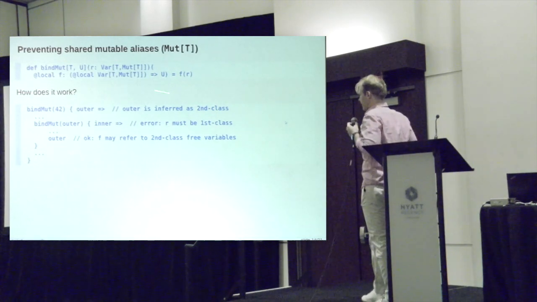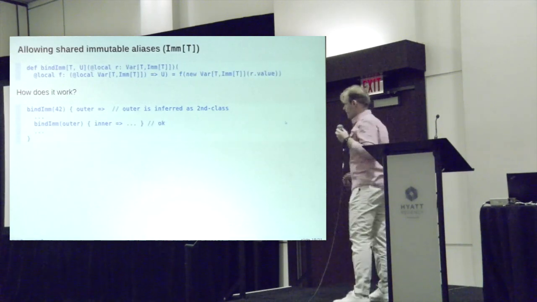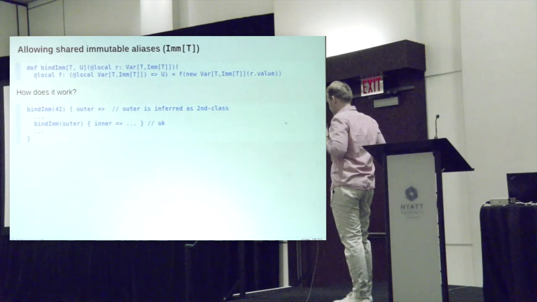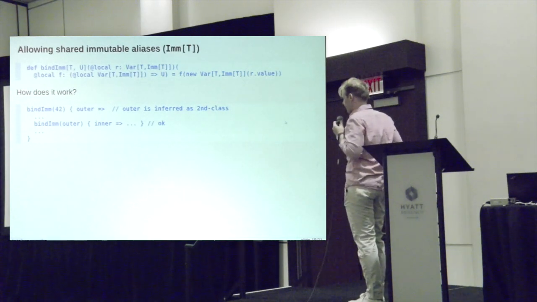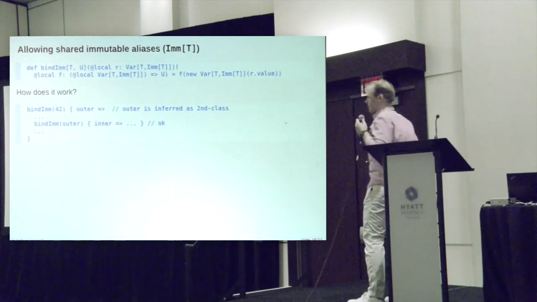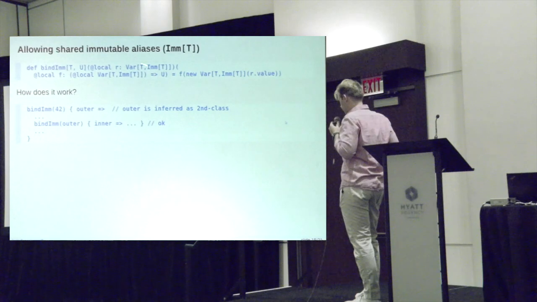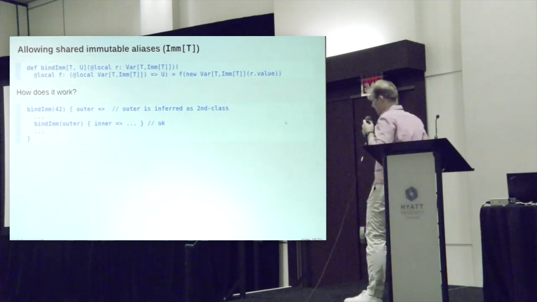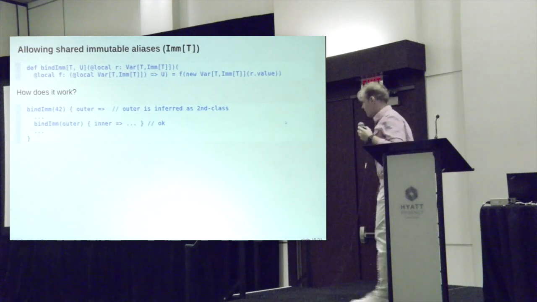You cannot convert second class to first class. For immutable, the only difference is that we allow the initial value to be second class. That way you could bind something that is introduced as immutable again. But because of this phantom type immutable here, we cannot treat mutable as immutable.